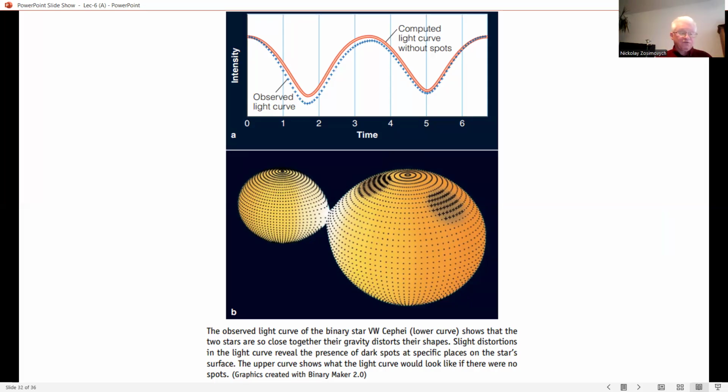Once the light curve of an eclipsing binary system has been accurately observed, you can construct a chain of inference leading to the masses of the two stars. You can find the orbital period easily, and you can get spectra showing the Doppler shifts of the two stars.